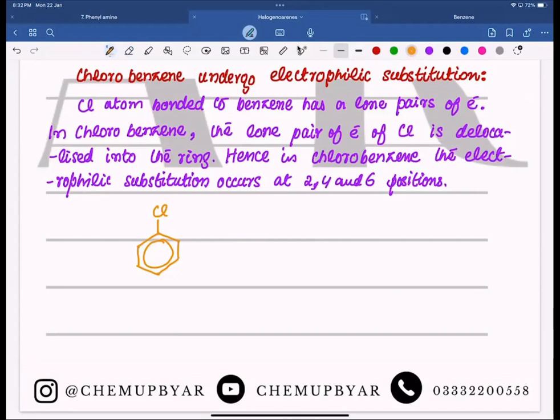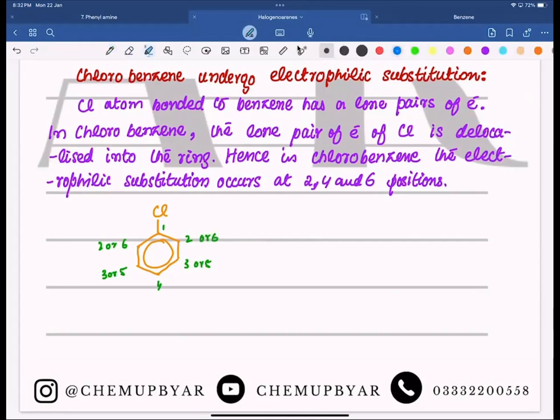So in chlorobenzene, this is carbon 1, this is 2, this is 3, this is 4, this is 5, this is 6.